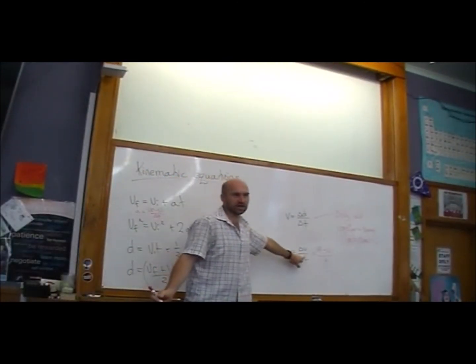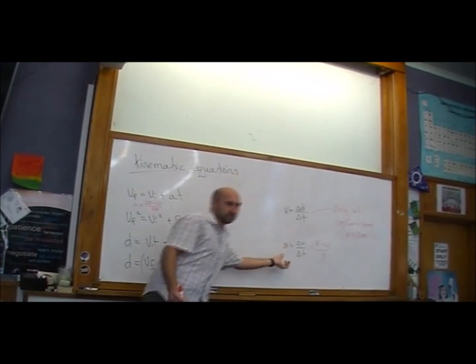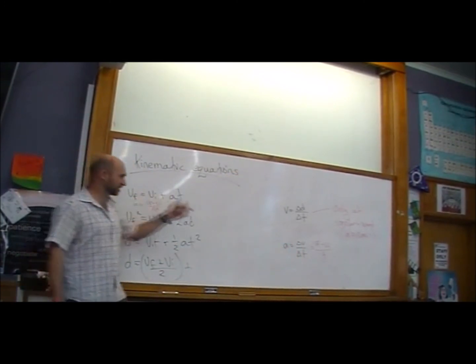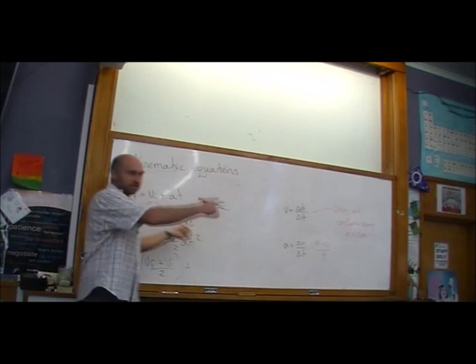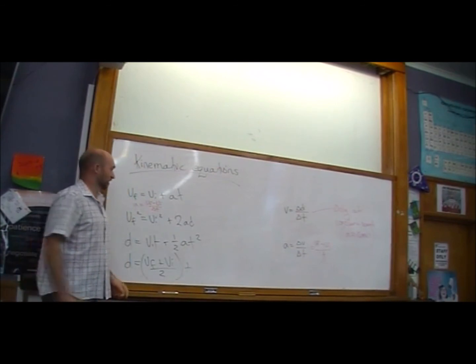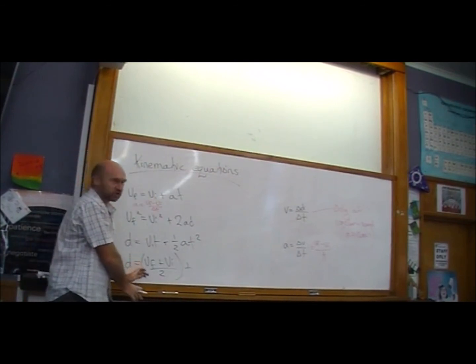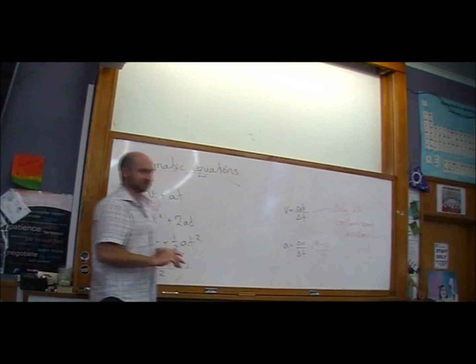So we can see that that equation there is like an oversimplification of this one. This doesn't have VF and VI, it just has change in V. This one's better because it lets you plug in the numbers that you've got. So use the kinematic equation, avoid the temptation of the devil. Thank you.